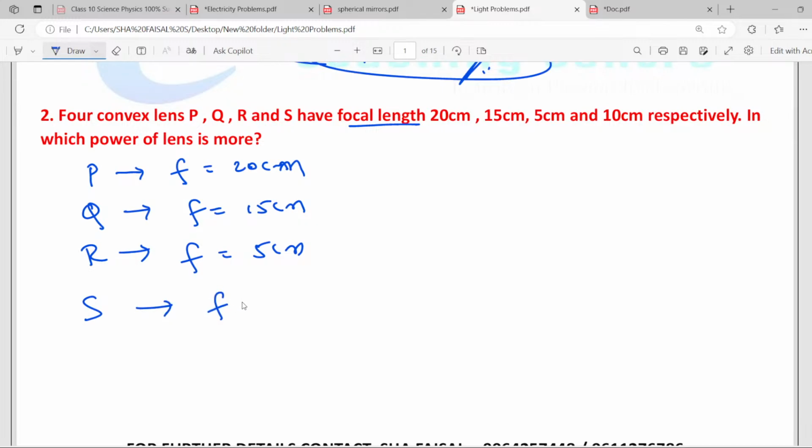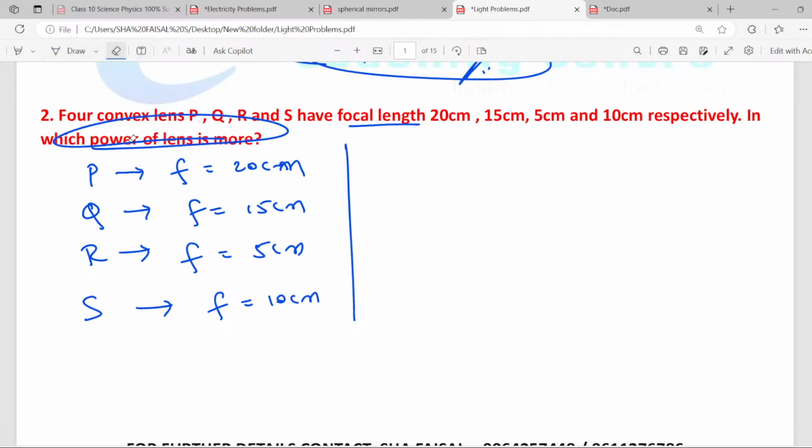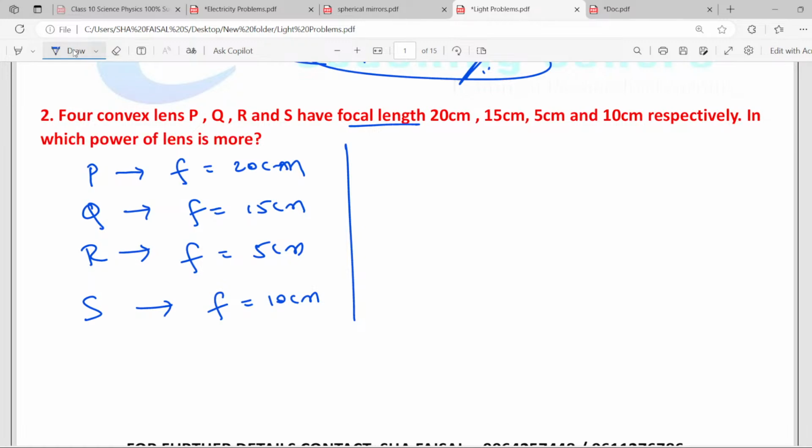At S, focal length is 10 centimeters. Clear? Now what is the question given here? Calculate the power of each lens. First we have to calculate the power of each lens. After calculating, you should identify in which the power is more. Simple.